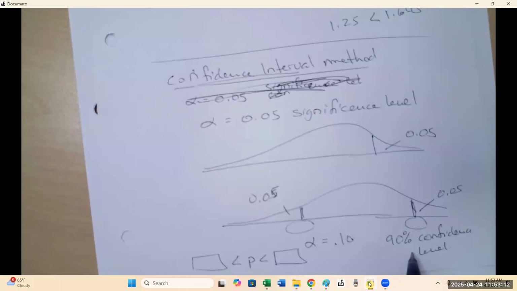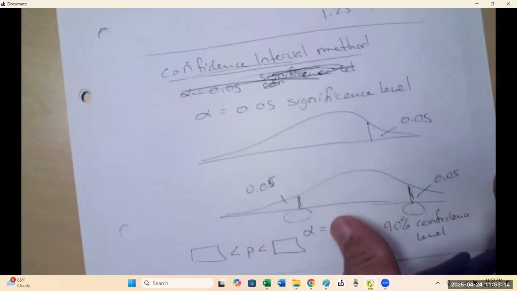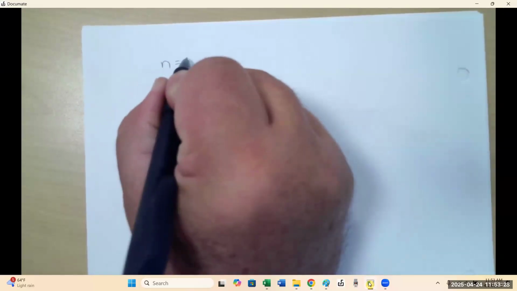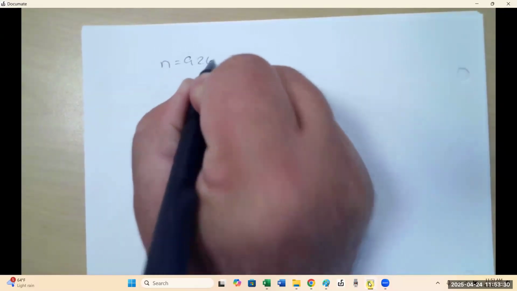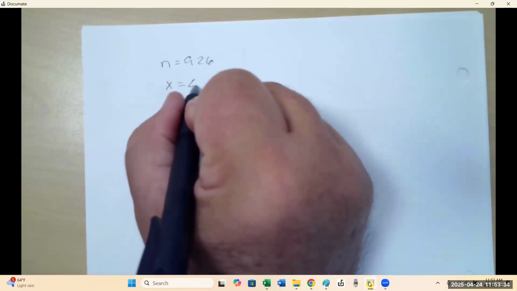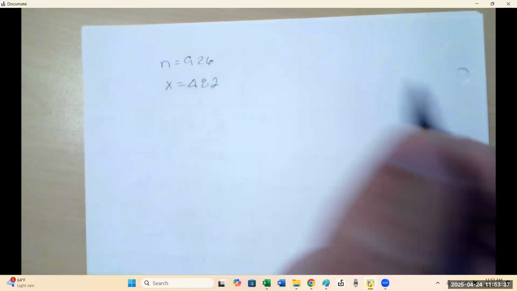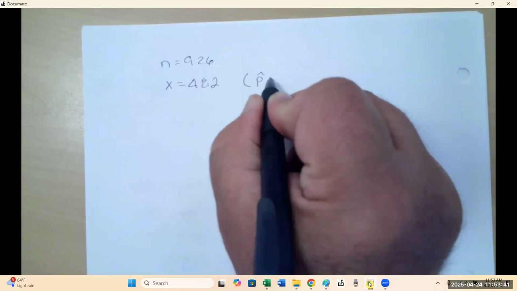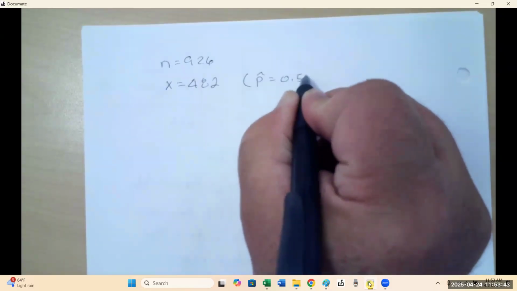We're 90% sure that our answers are going to fall within these numbers. So we have our N is 926. Our X value is 482. Because of that, our P hat is 0.52.